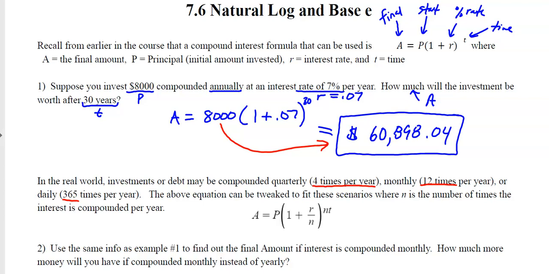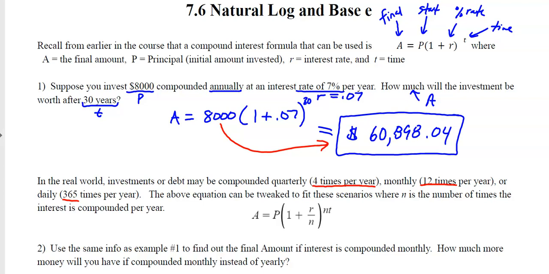Say it was an investing problem and they were compounding your interest daily. You don't get 7% a day, you'd be a billionaire pretty quick. You take that 7% and divide it out over 365. So you're getting a very tiny percentage each day, but every day you're taking a percentage of a slightly bigger amount.